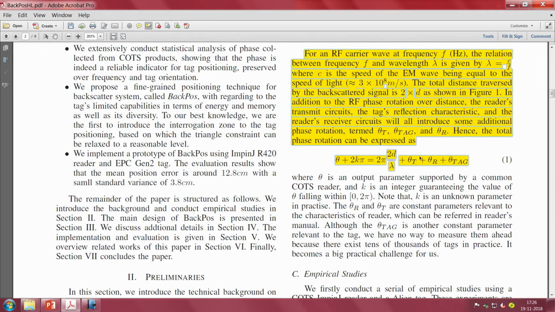It is clear that this part of the expression becomes 0, it gets cancelled out. So, the point to note is that theta t, theta r and theta tag are easy to eliminate if you do the phase difference method. This is the basic underlying principle under which this can be calibrated out. You just calibrate it out by simply cancelling out these terms.